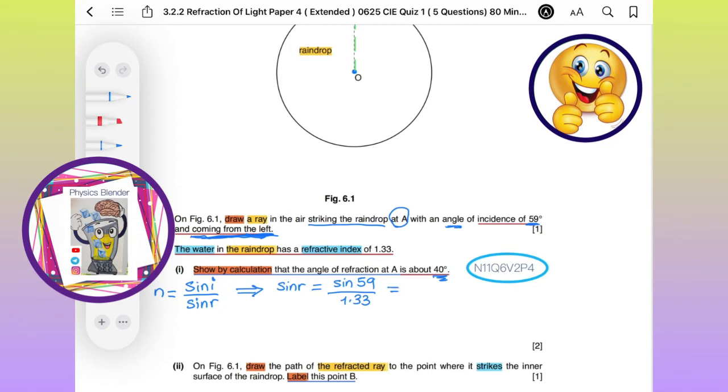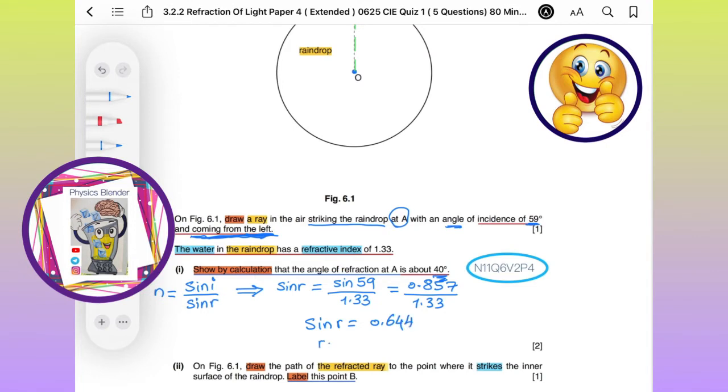So the answer is 0.857. No need to round your answer, the final answer should be the only one rounded. Okay, so when you substitute here, you find that sine r is equal to 0.644.